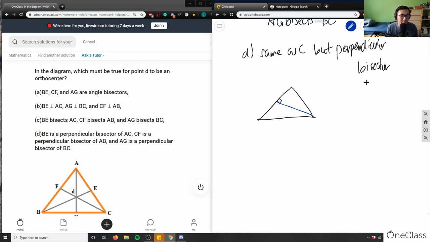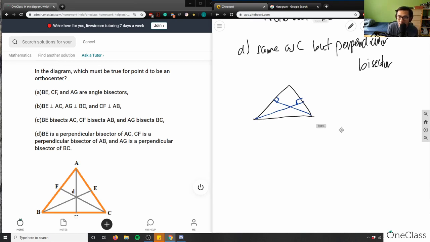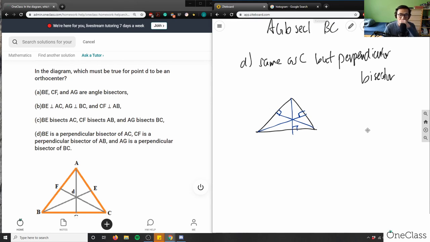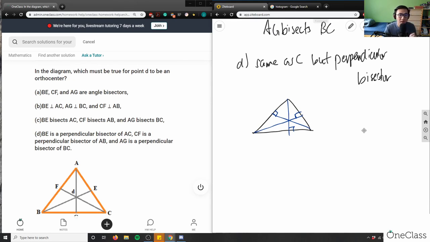Same thing with the opposite side. I would have to take another line here, and this has to meet it at a right angle, and then from here to here has to be a right angle as well. So they all have to be perpendicular for us to construct an orthocenter, right?